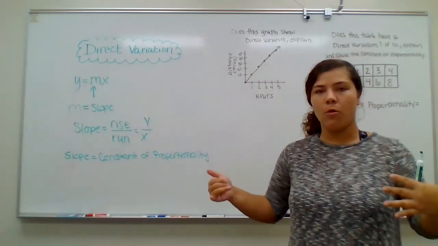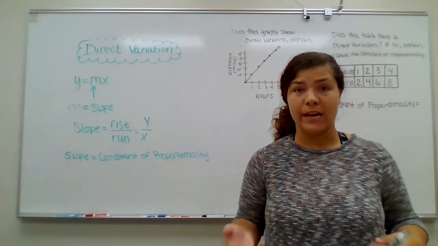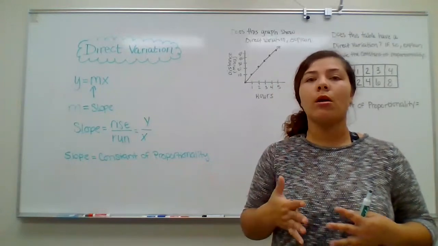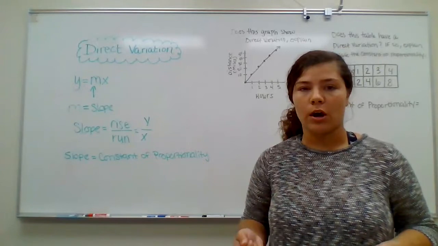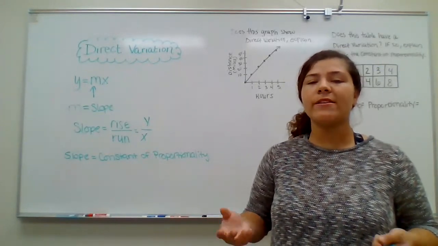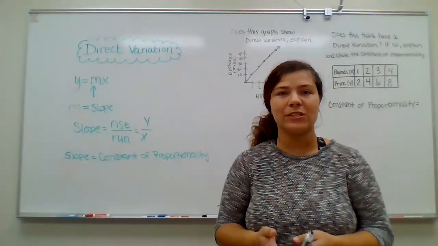So let's go through that one more time, okay? This is the big thing about the direct variation lesson, is that we don't call it slope. When we talk about direct variation, we're really talking about the constant of proportionality. So whenever you see constant of proportionality, the first thing you should think of is just slope.